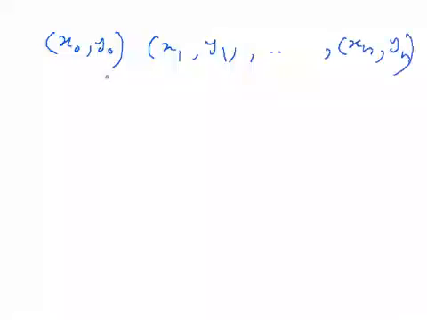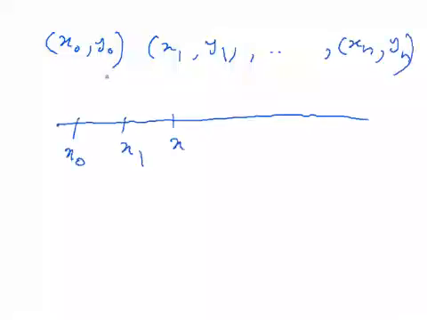This is our data set, and this data set is called an equally spaced one. This is your x0 and x1, x2, up to xn.